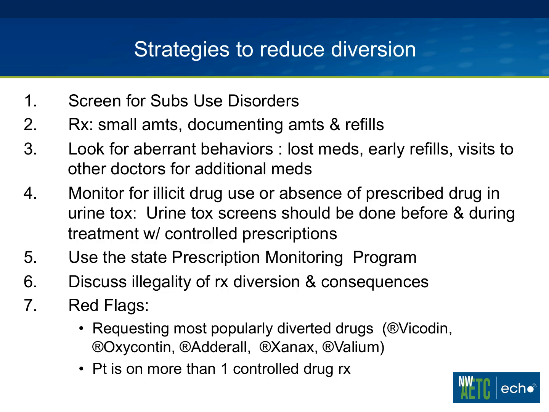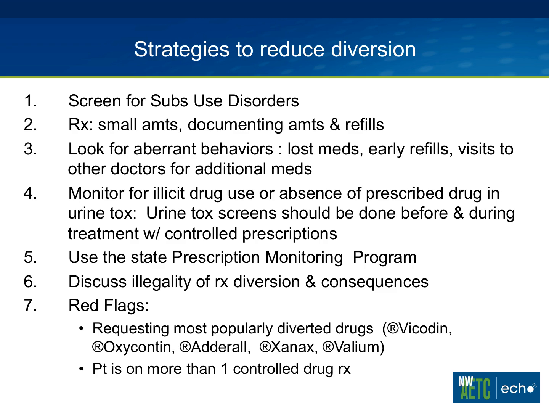So, strategies to reduce diversion. I like to use a controlled substance contract with my patients. I tell them I'm going to be monitoring their urine for the presence of the drug that I'm prescribing them, as well as looking for the presence of other drugs that may be dangerous if they use them as well as the stimulant that I'm prescribing.